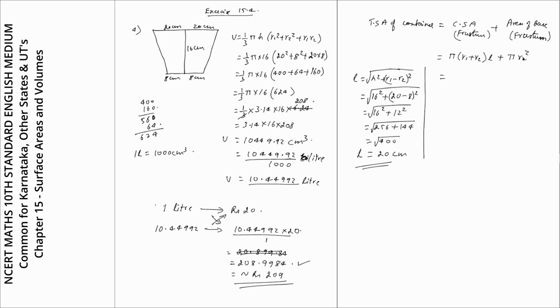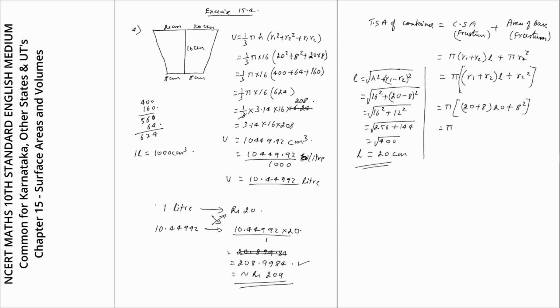So I'll take pi as a common factor. I am left with (r1 plus r2) into L plus r2 the whole square.